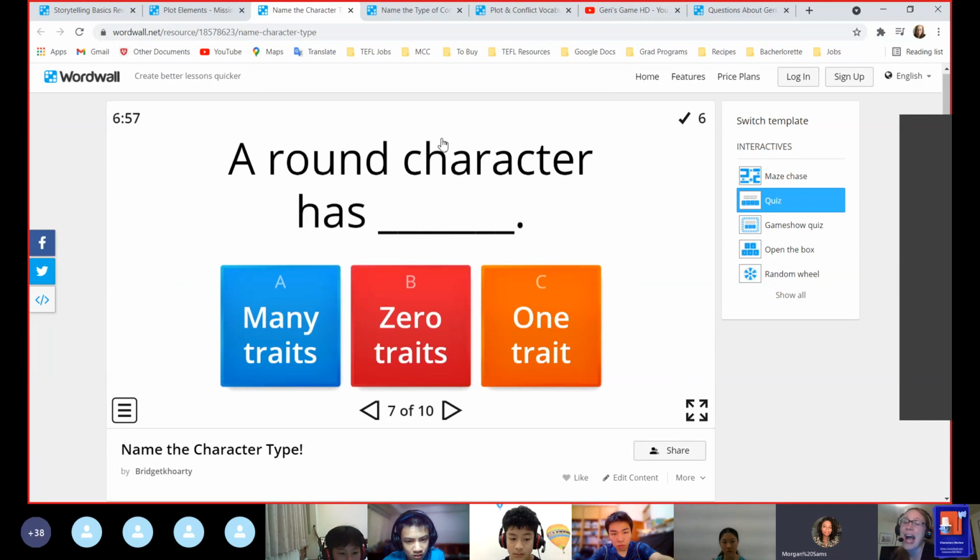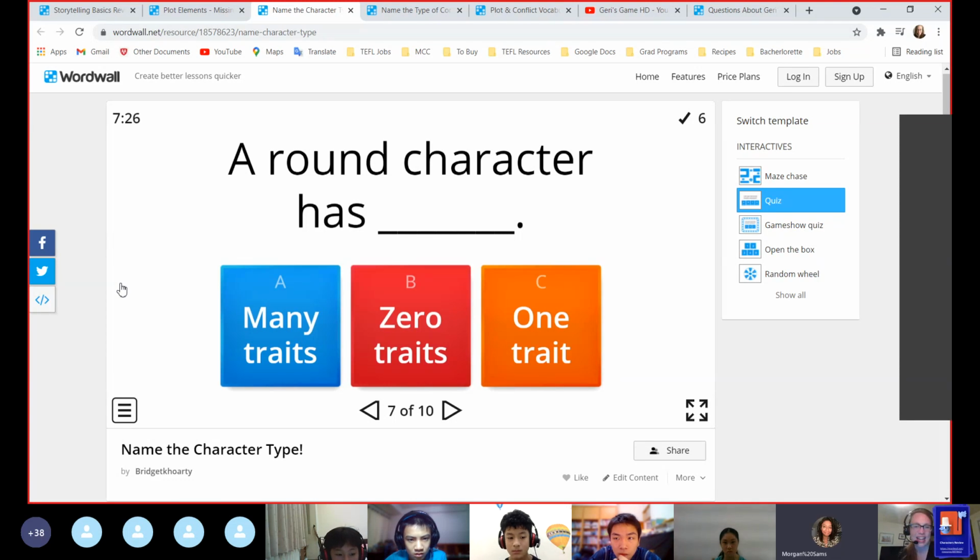All right, a round character has many traits, 0 traits, or 1 trait. So it's really testing our memory. Raise your hand if you say it's many traits. Dylan, Ryan, Barry, Esther.